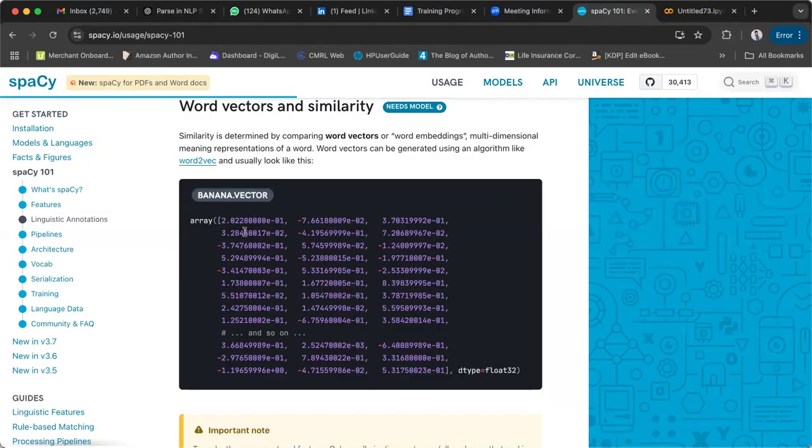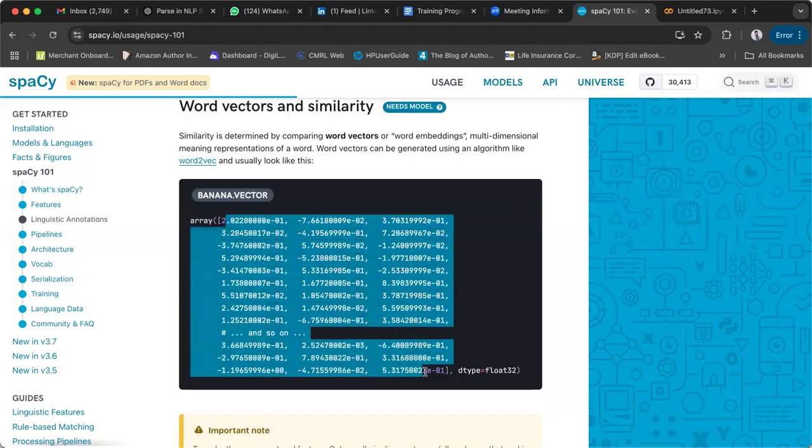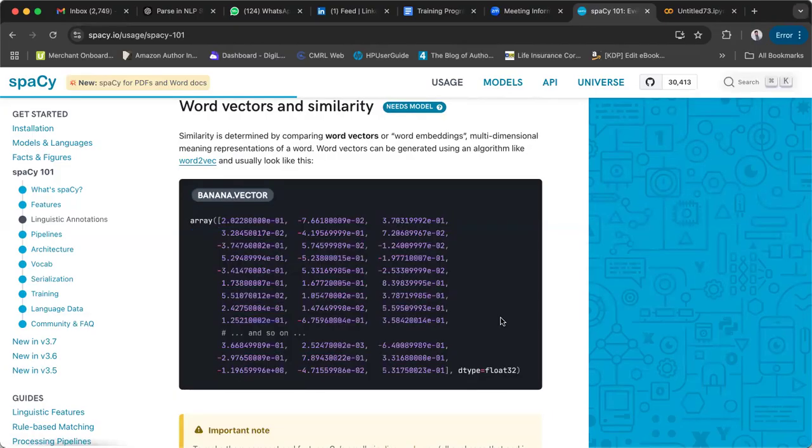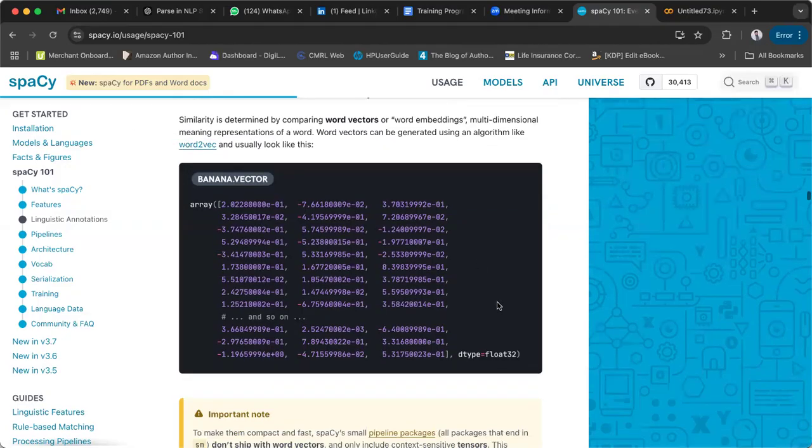It tries to find all the possibilities through the word vectors: what would be the multi-dimensional meaning of the representation of banana? It gets all the information with respect to the context, and then gives the responses based on the context or concept. This is important information, and usually you will be working with Word2Vec.